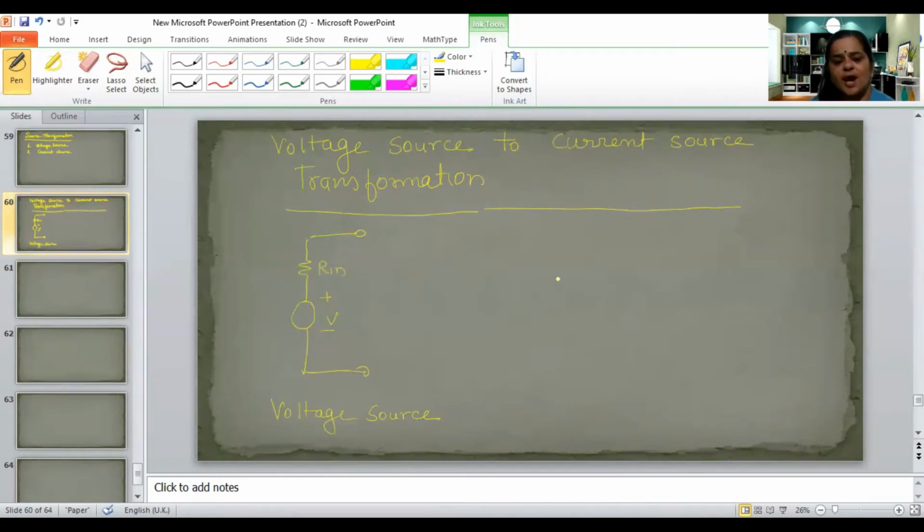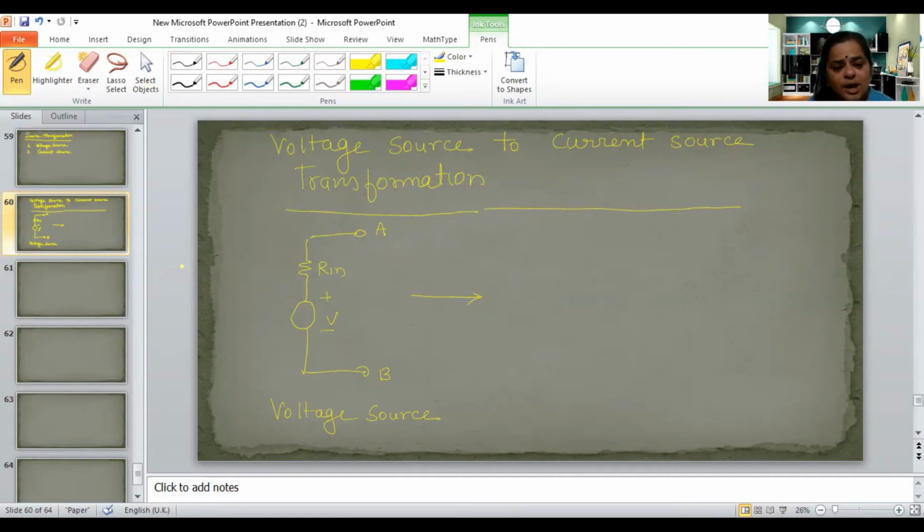So what is the step to convert this voltage source into a current source? See, this is terminal A, this is terminal B. One thing you have to keep in mind: whenever we convert one source to another type of source, ultimately after the conversion, the effect of the source should not change on the rest of the circuit.